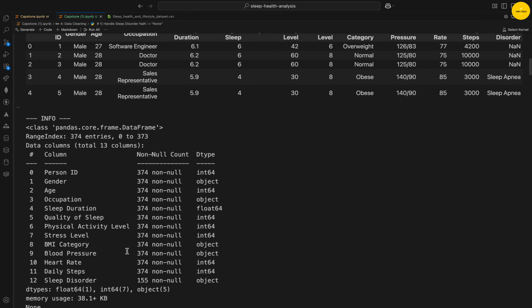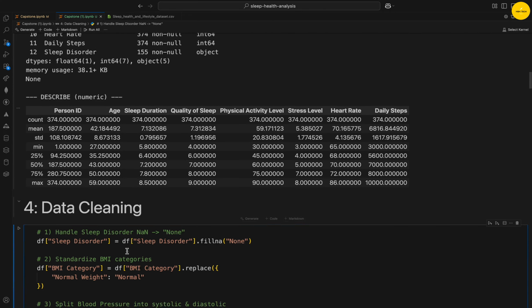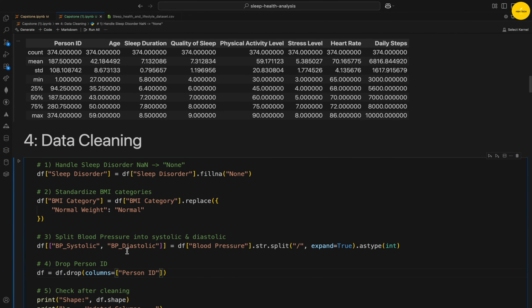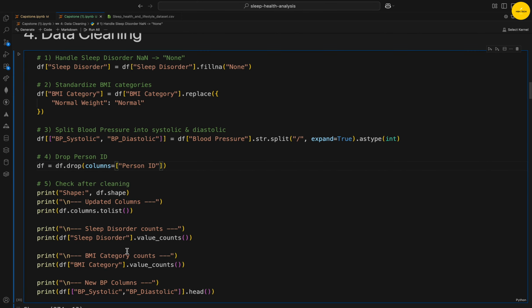Once I understood the data, I began cleaning it. My cleaning steps were simple, but I guess they were very important. First, the sleep disorder column had NaN values for people who do not have any sleep disorder. I changed all of these empty spaces to the word None to make the data more consistent.